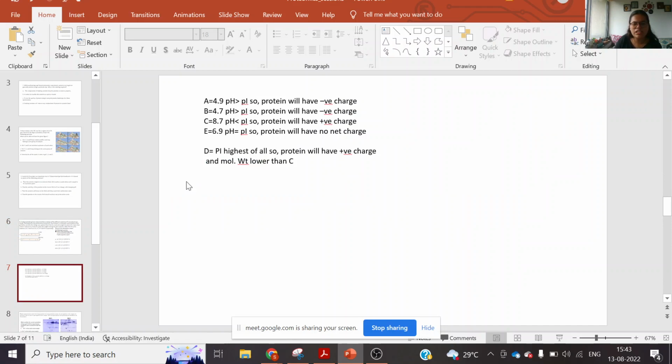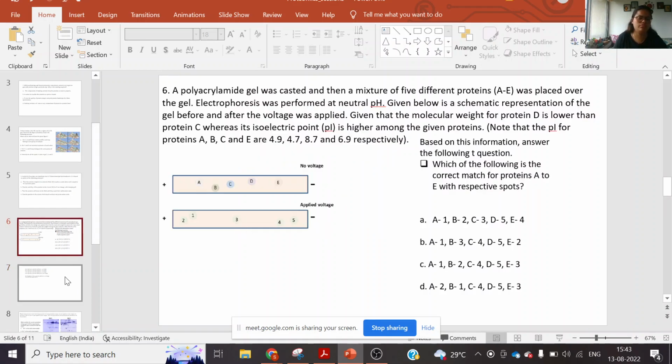I hope this is clear to all of you. pH and pI play a role in what charge a particular protein will have. Whenever pH is greater than pI, it will have a negative charge, and whenever pH is less than pI, it will have a positive charge. Whenever pH is equal to pI, it means no net charge, it is 0. So it will not move basically.